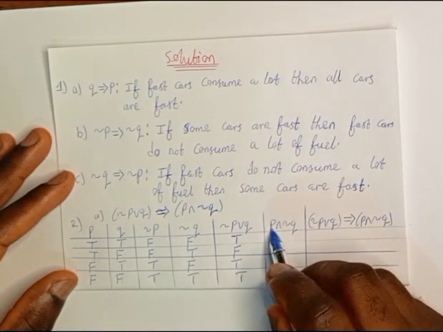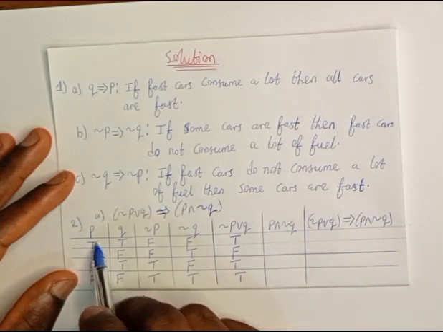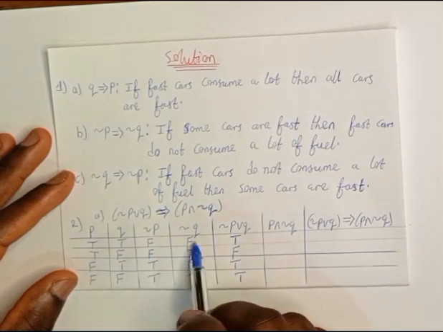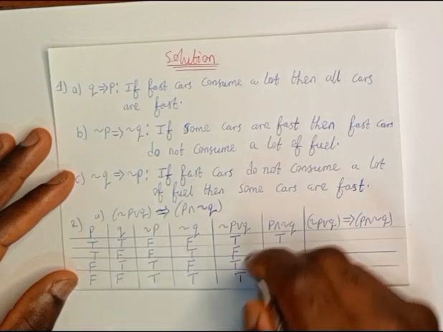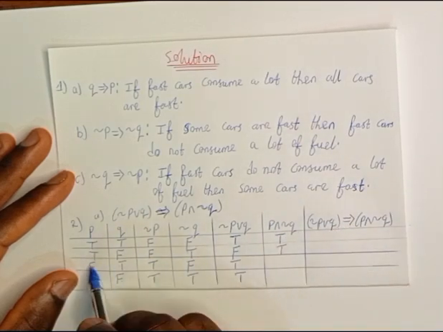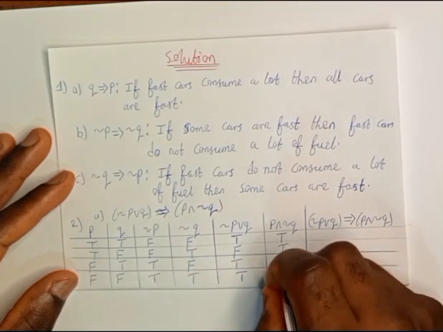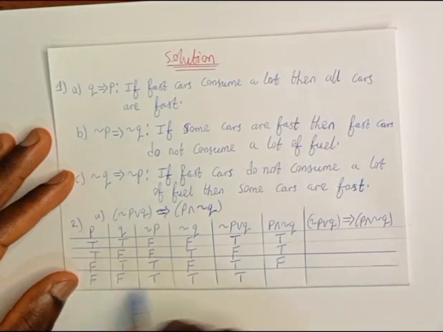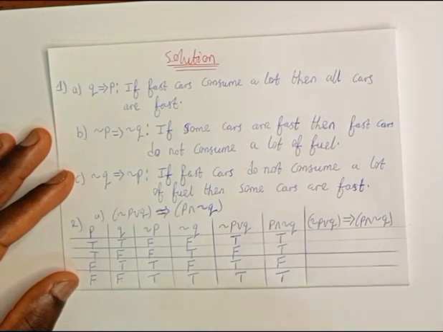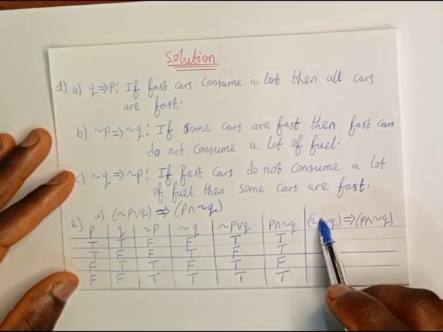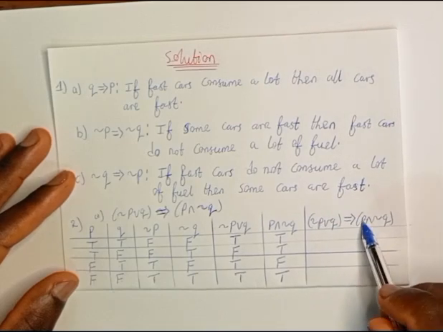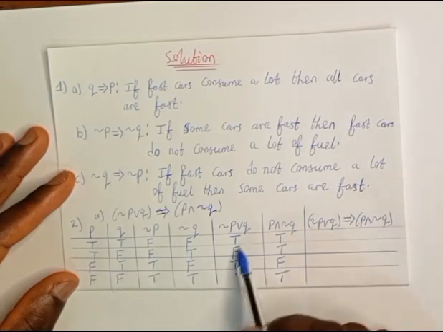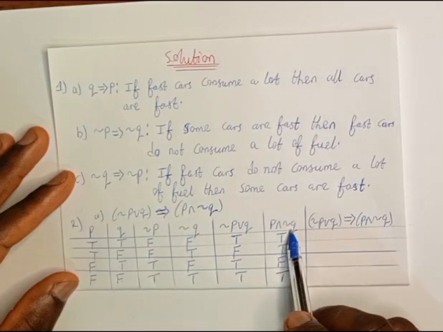The next, P and not Q. True, false gives us true. True, true gives true. False, false gives false. False, true gives true. The next, not P or Q implies P and not Q. This implying this.